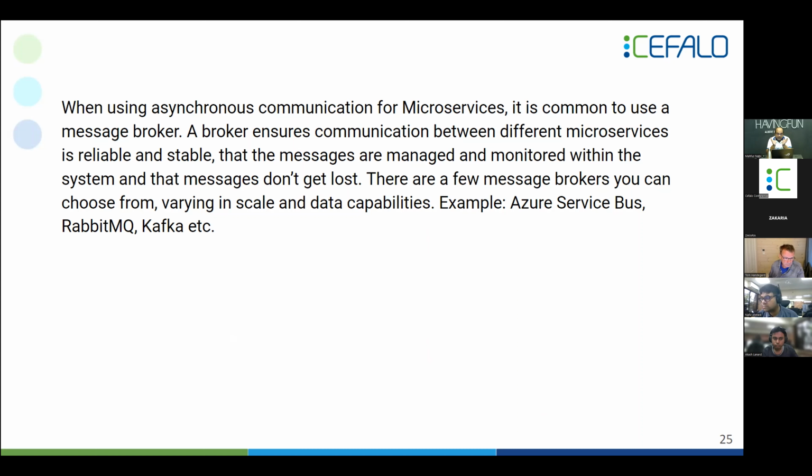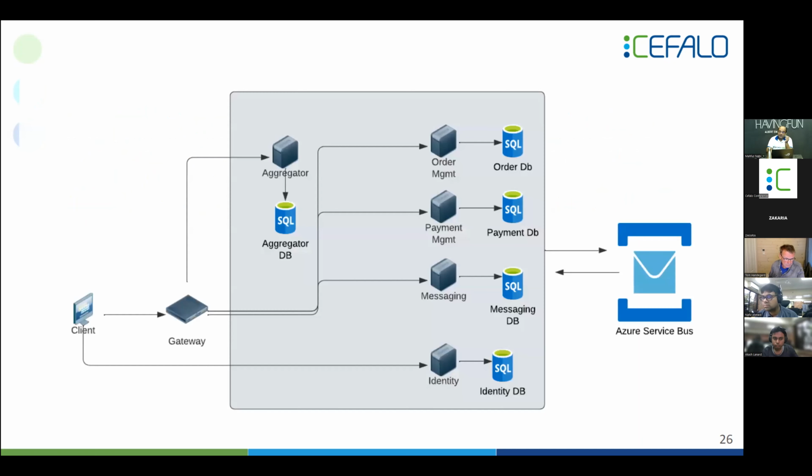So, suppose this order management microservice needs to call the payment microservice, you should not make direct calls to its API or to its database. It is always better to publish a message in the message bus to which the payment will subscribe.